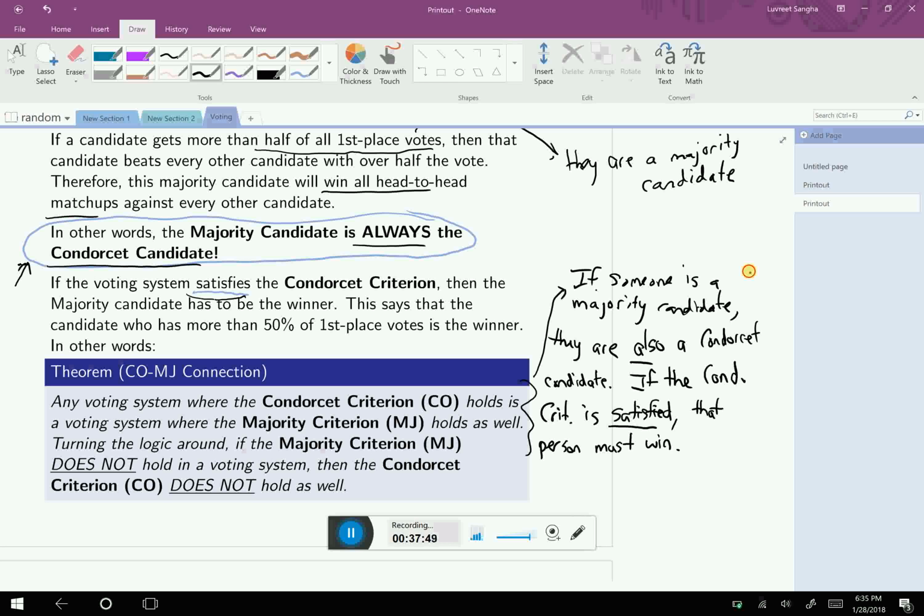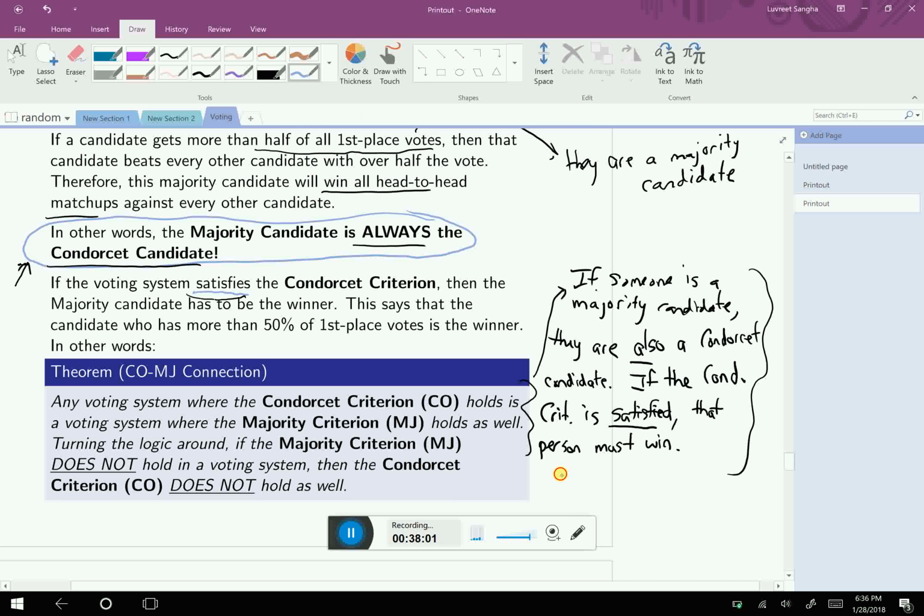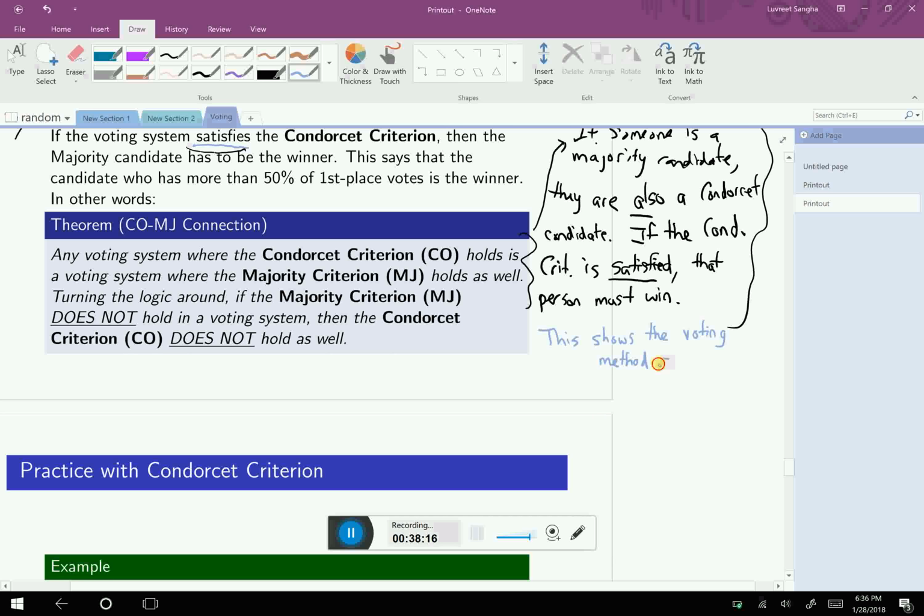So just looking at what we've said over here, we've just said that if someone is a majority candidate, that person has to win. That shows this voting method satisfies the majority criterion. So this shows the voting method, whatever it is, satisfies the majority criterion.